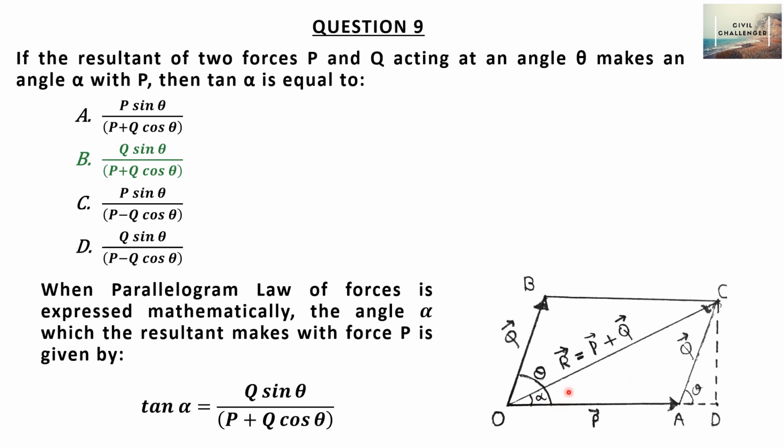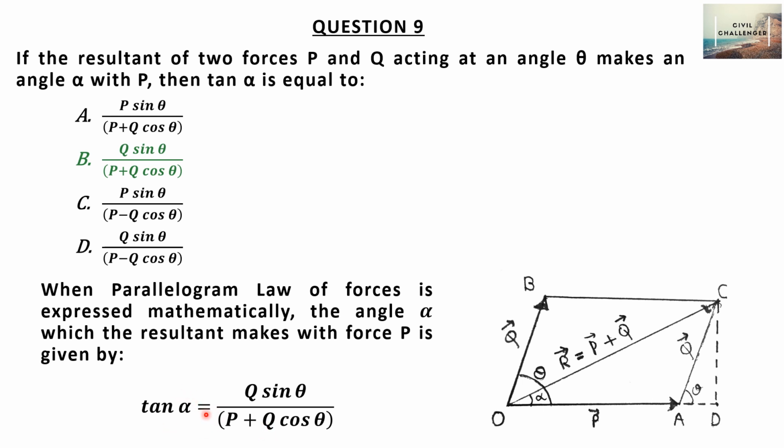We need to find this angle alpha. From triangle OCD, we can say that tan alpha is equal to the opposite side, which is CD, divided by OD. The opposite side CD is equal to Q sin theta. From triangle ACD, CD will be equal to Q sin theta, and then AD will be equal to Q cos theta, so OD is P plus Q cos theta.